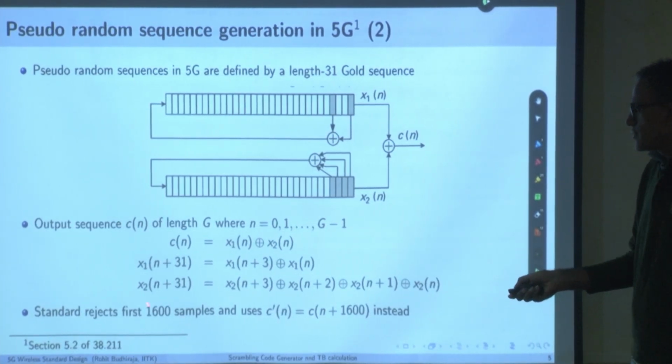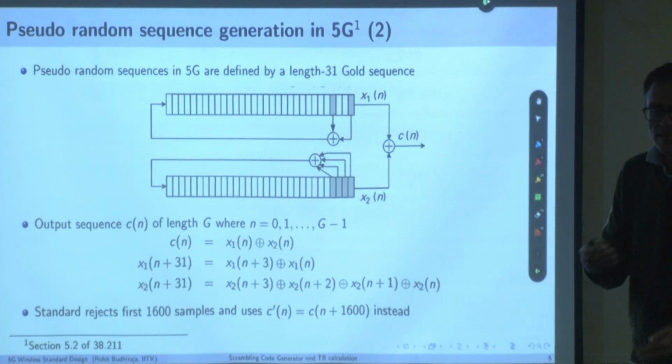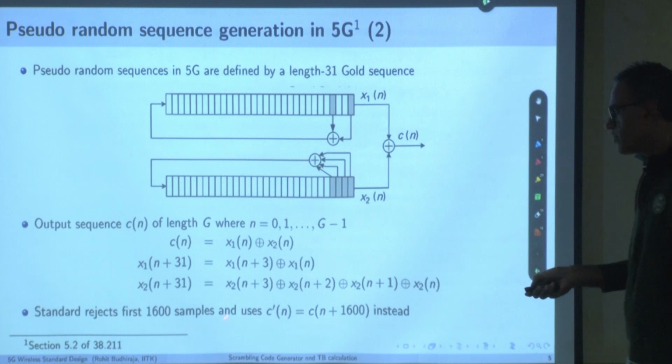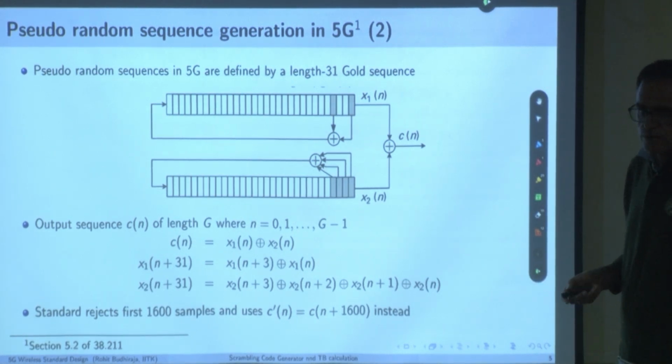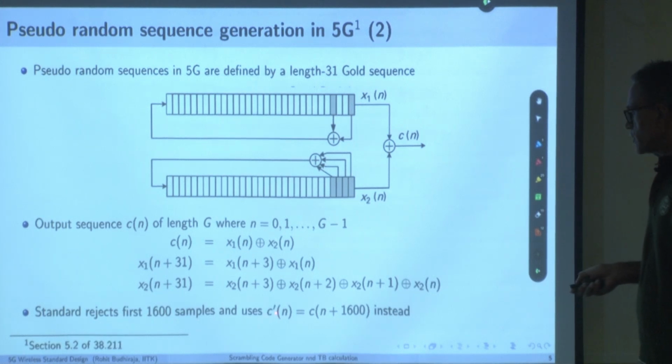Because you could consider this the transient response of the filter, wherein the filter is not stable and the values being generated are not random enough. So the actual sequence used to scramble the input bit sequence is C dash of n, which is C of n plus 1600. You leave 1600 values, and the values you get after that, you use for scrambling the input sequence.